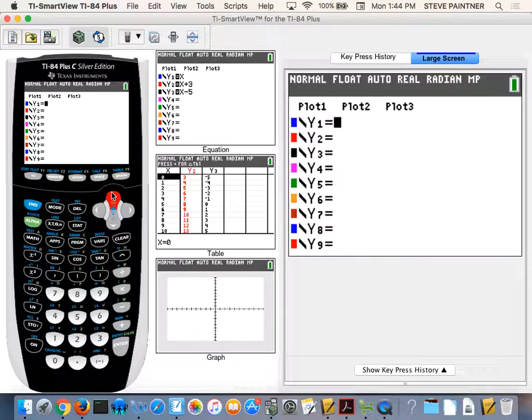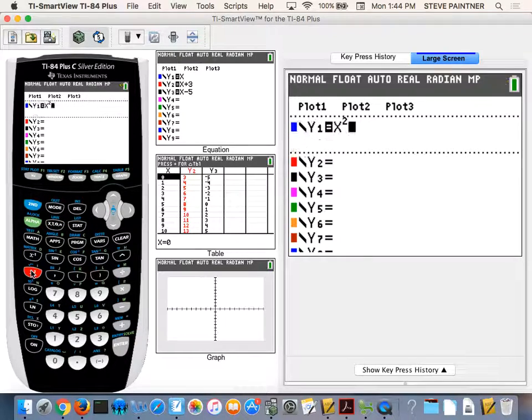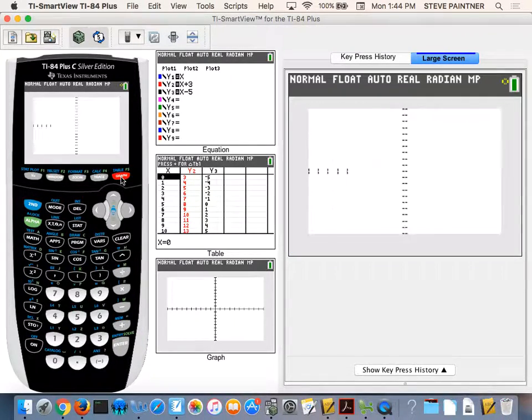Y equals what? Do it. So y equals x. How do you square it? See that button? That's your square button. Okay. Graph it. You should know what it looks like. You just did it by hand. And there it is. Good?